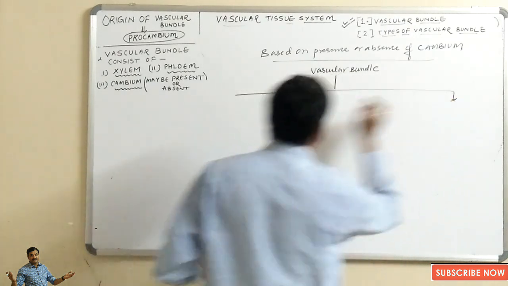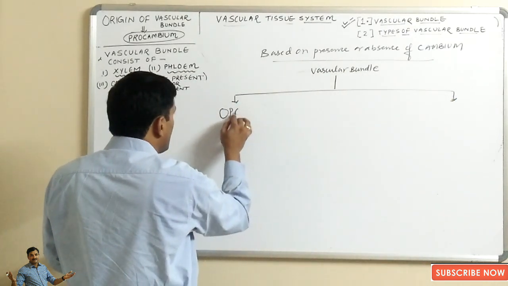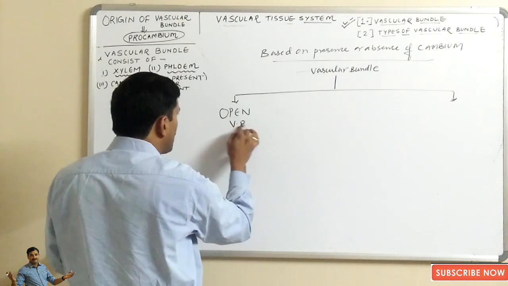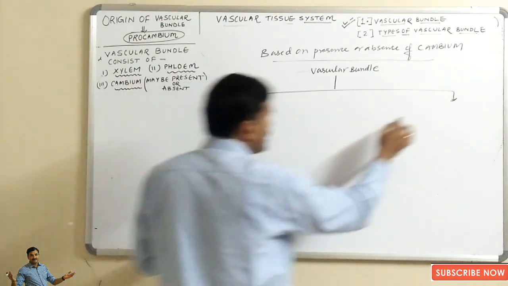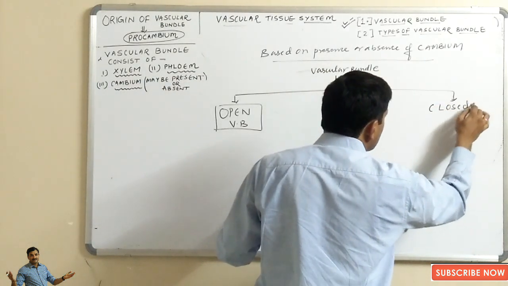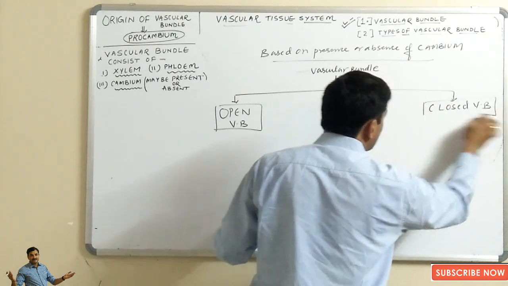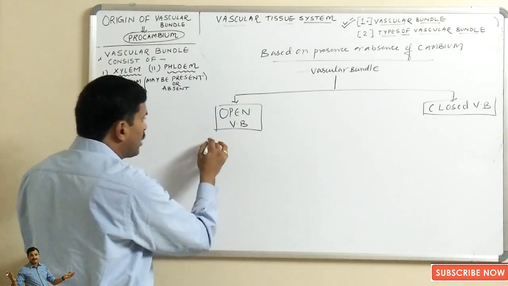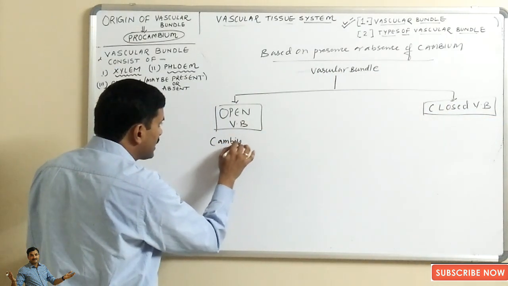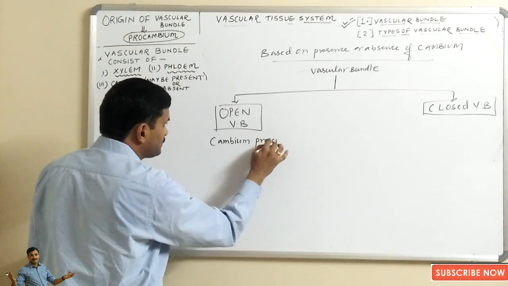So based on this, vascular bundles are of two types. One is known as the open vascular bundle and the another one is known as closed vascular bundle. Okay, now what is the chief difference? An open vascular bundle is a bundle in which cambium is present.